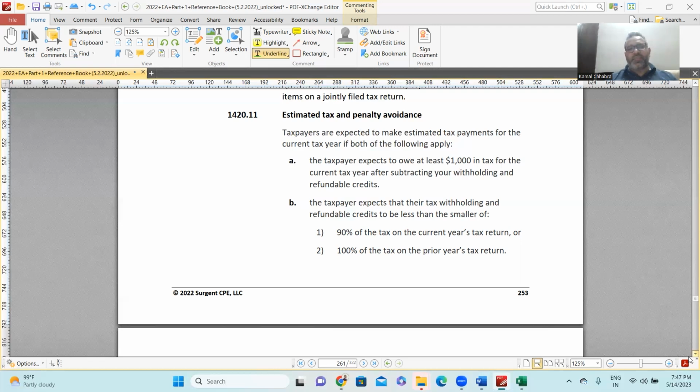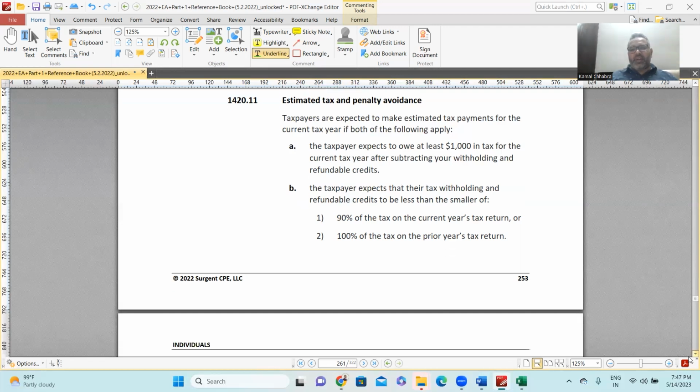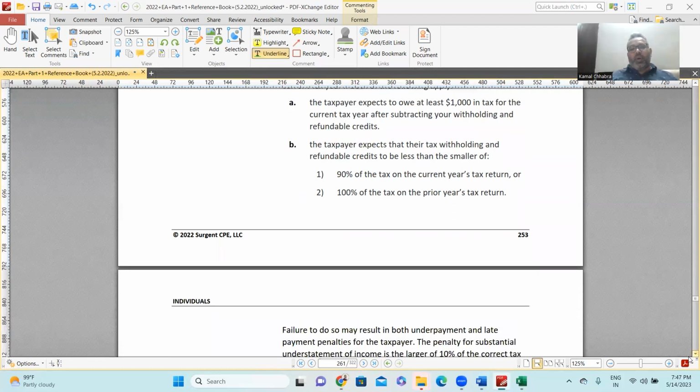Okay, now let's jump into the B point. The taxpayer expects that their tax withholding and refundable credit will be at least 90% of the tax of the current year tax return or 100% of the tax of the prior year tax return.